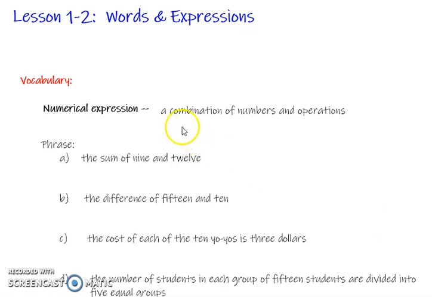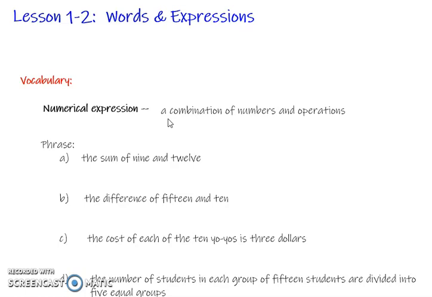So let's look at this here for a second. A numerical expression, and what I'd like you to do right now is make a page in your notebook just about vocabulary. Get a clean sheet of paper and keep it in there so that you don't lose it. We want to add numerical expressions to it, which is a combination of numbers and operations.